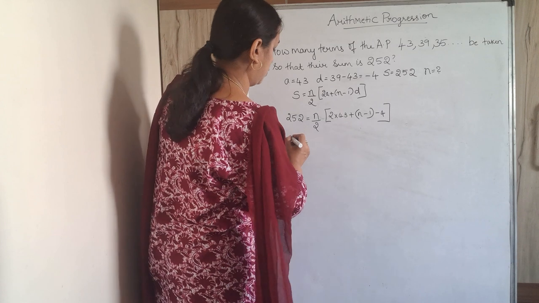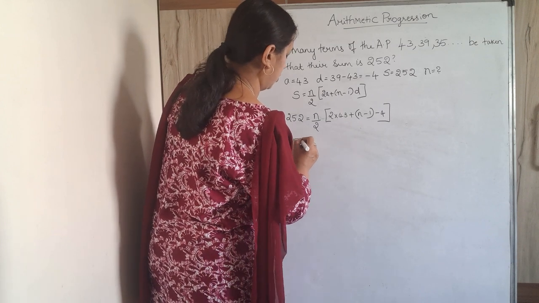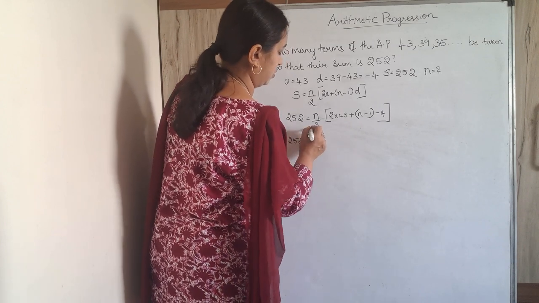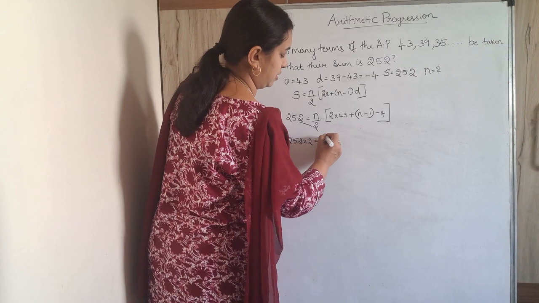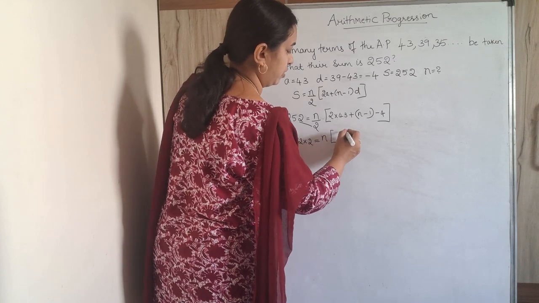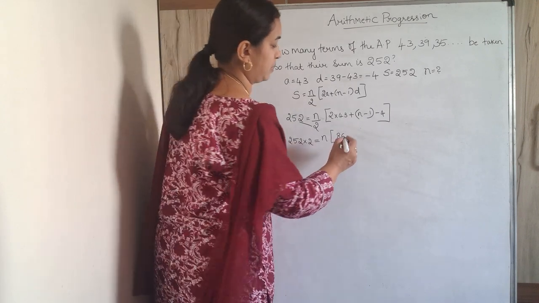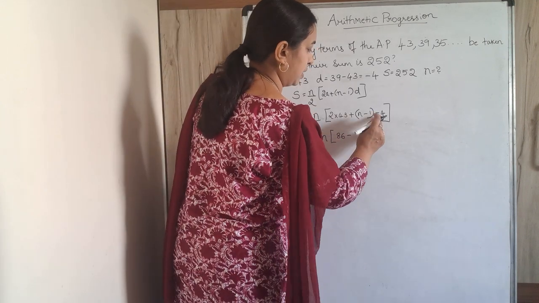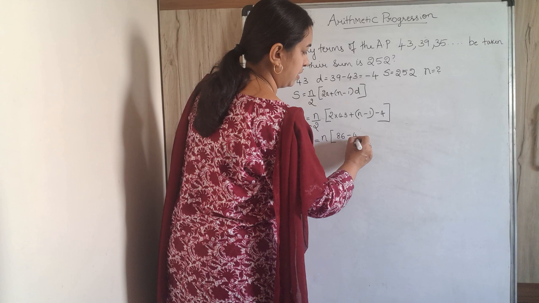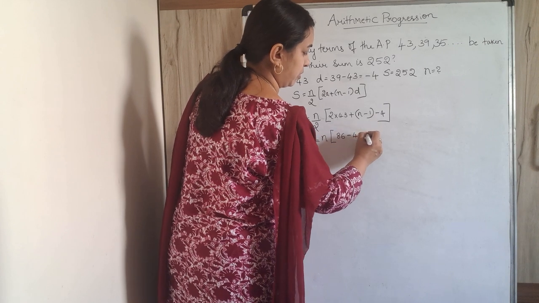Okay, so 252 into 2, cross multiply this, is equal to N times of, so 2 3s are 6, 2 4s are 8, it is 86, multiply this, minus 4N plus 4.